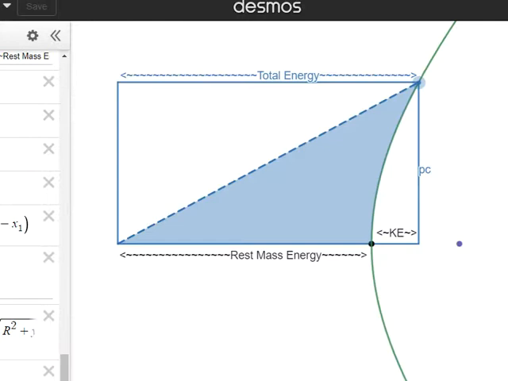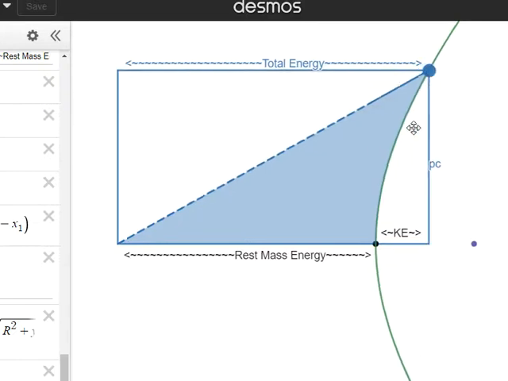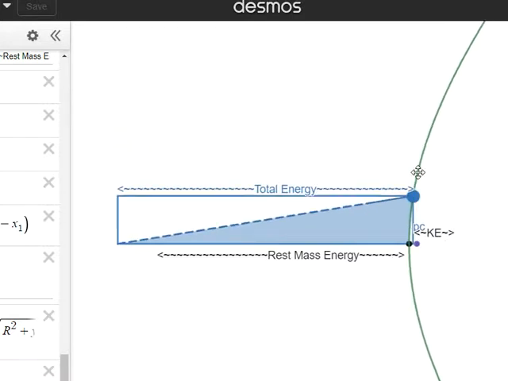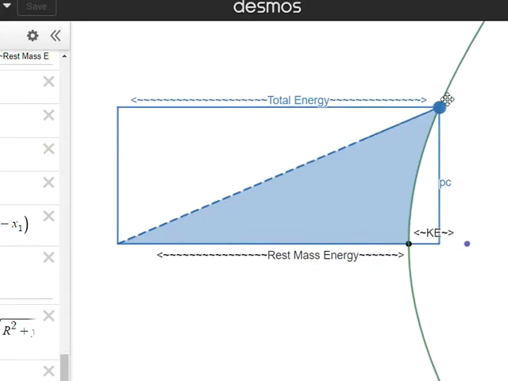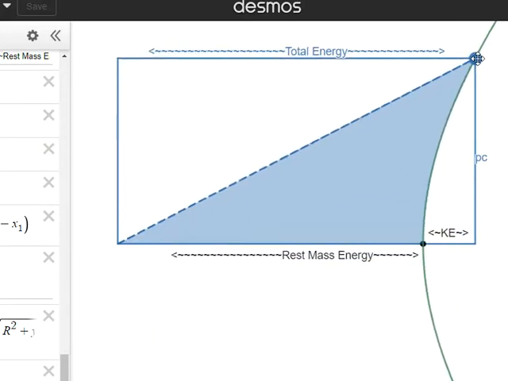And now I have the diagram looking just right, with momentum times the speed of light on this axis, and the rest mass energy, kinetic energy, and the total energy all labeled in good spots. Now you can mess it up completely by moving this dot. Yeah, moving the dot messes it up. But if you get that up there right, it looks nice.